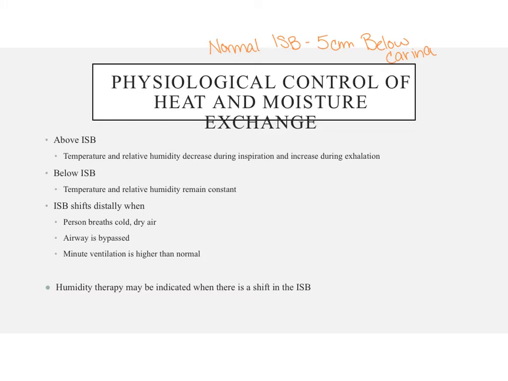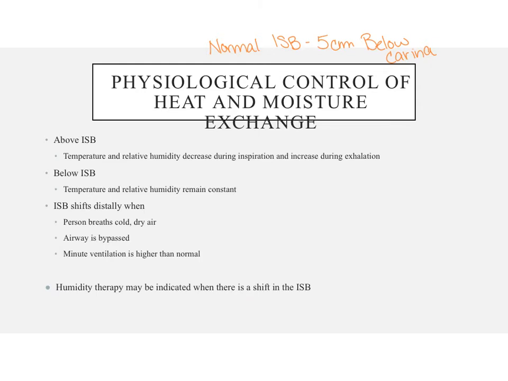So the first question is, describe why ISB shifts distally or shifts down for each of the following: if the person's breathing cold, dry air, if the airway is bypassed, and if minute ventilation is higher than normal.